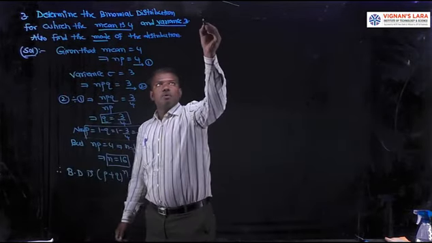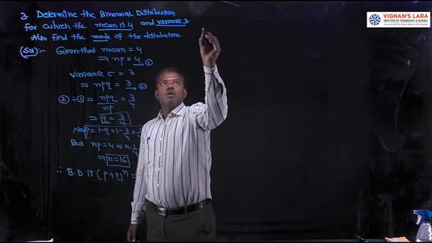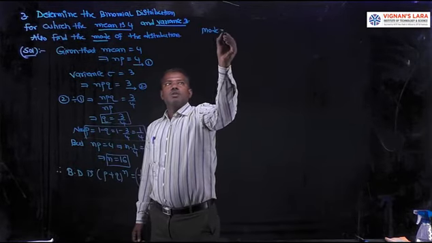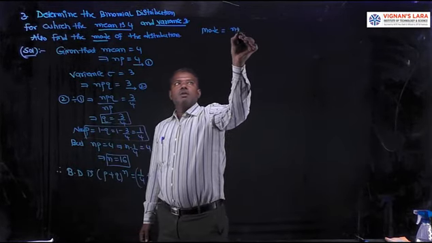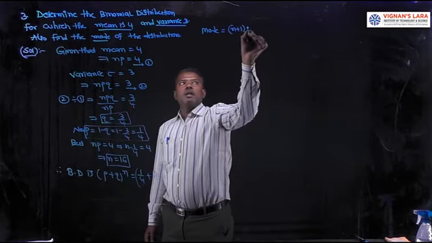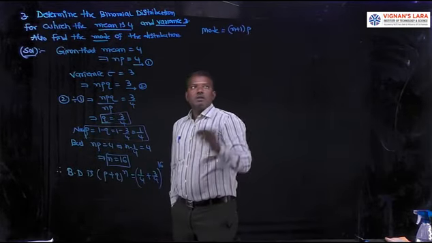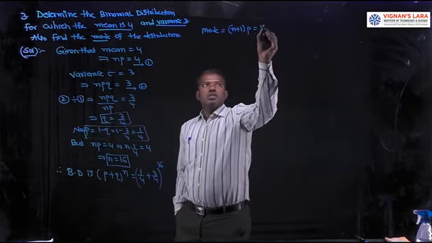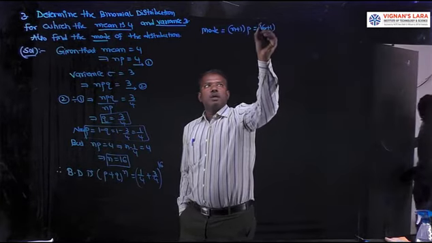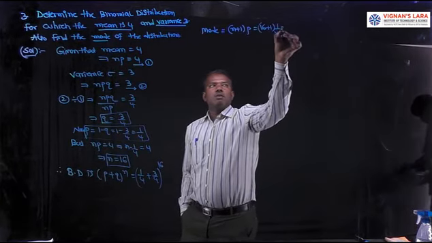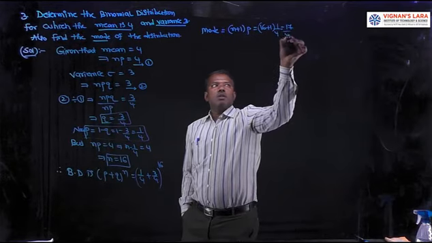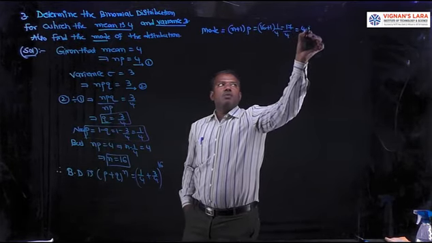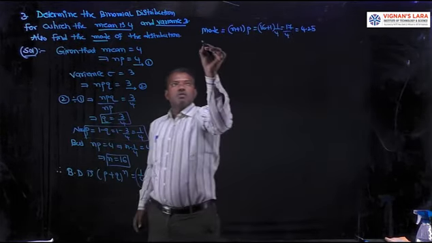Then what is the mode? Mode of a binomial distribution is (N plus 1) into P. Calculate first (N plus 1) into P. What about N? (16 plus 1) into P, 1 by 4, that equals 17 by 4. 17 by 4 means 4.25, which is not an integer.